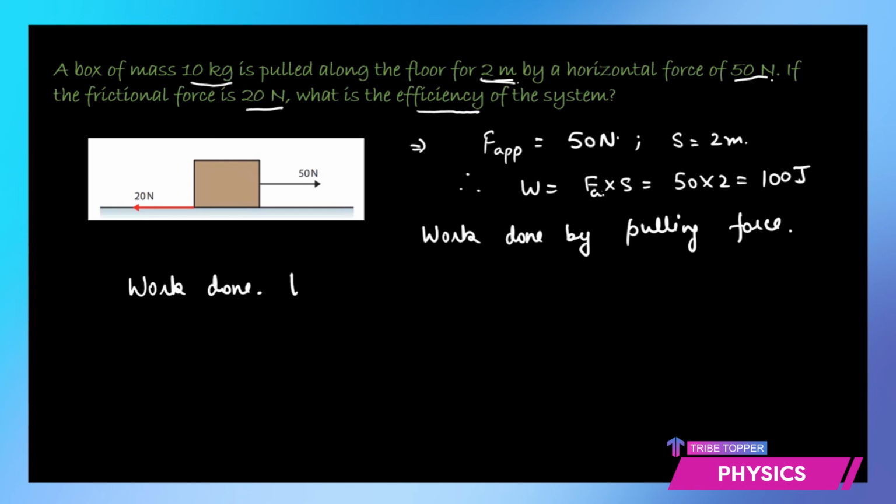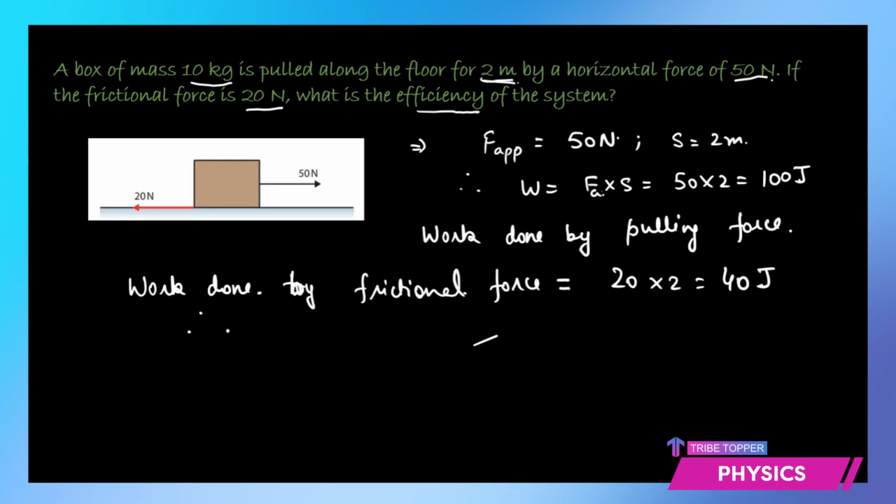How much is that during all this distance? That will be equal to 20 times 2. So that's 40 joules, right? 20 newton is the value of the force of friction and it is moving through 2 meters. So during all this time, the frictional force has done a work of 40 joules.